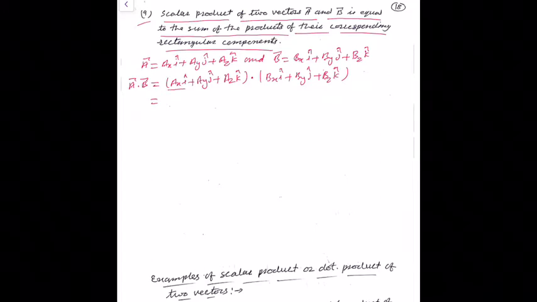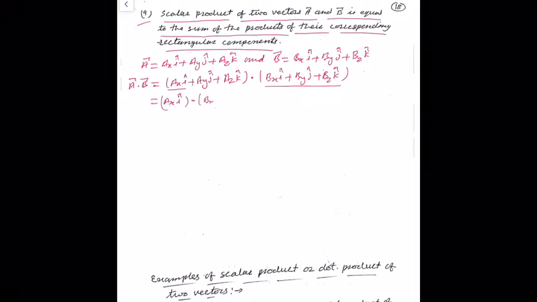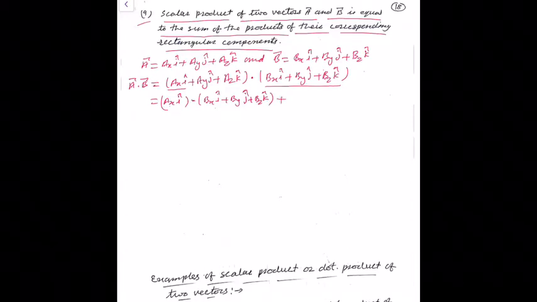So first dot product ax i cap with bx i cap plus by j cap plus bz k cap. So ax i cap dot (bx i cap plus by j cap plus bz k cap) plus next dot product of ay j cap with bx i cap plus by j cap plus bz k cap.